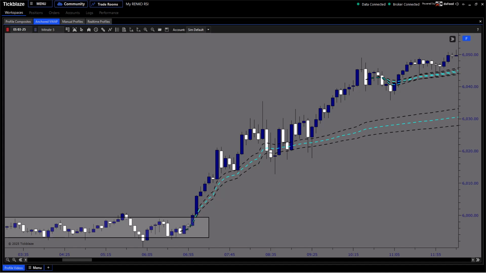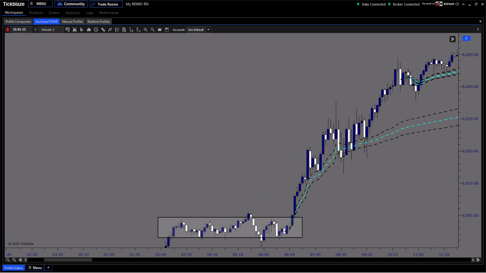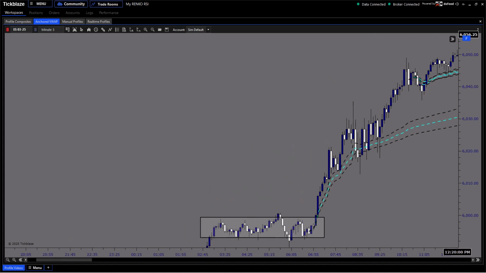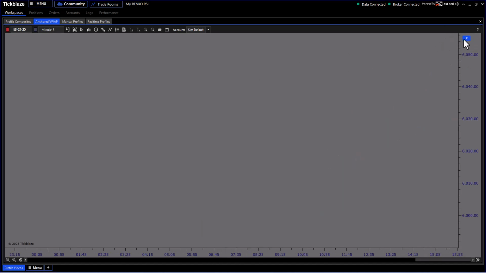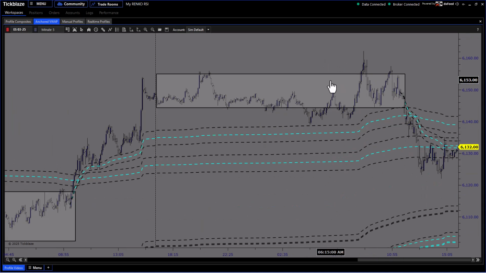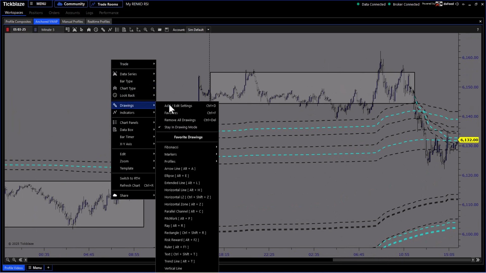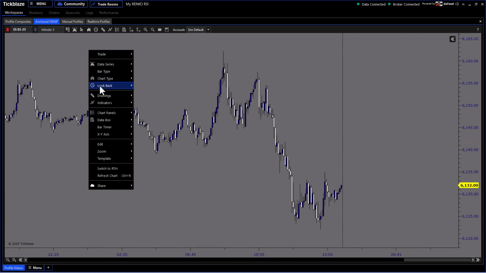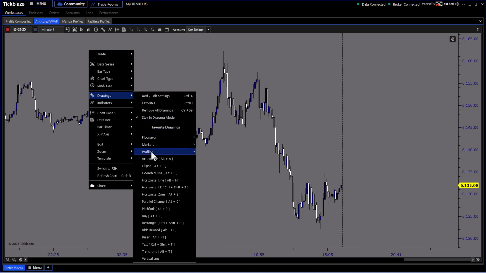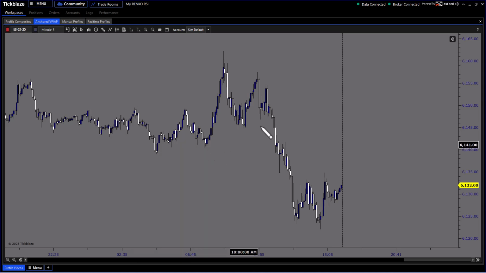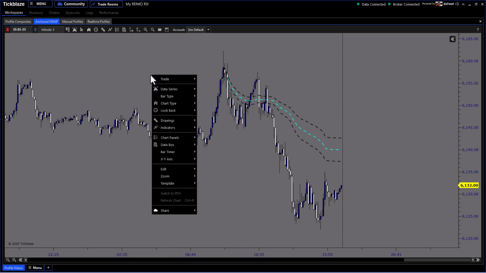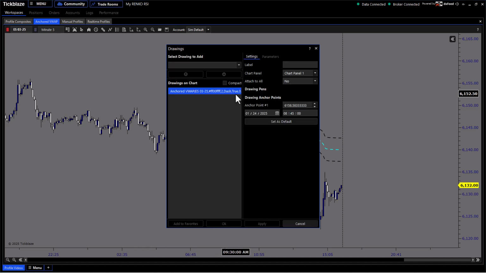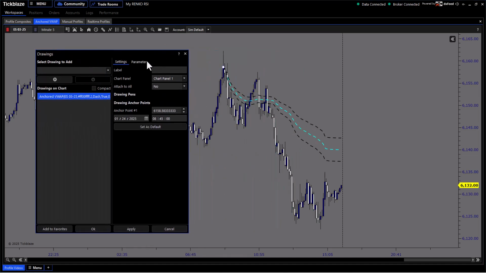My suggestion for those of you that are new and just getting started with TickBlaze and with the colors and the settings: I'm going to delete all the drawings. Remember, the anchored VWAP is a draw tool. You come in here, right click, go to drawings, go to profiles. You can see the anchored VWAP. Just put it anywhere on the chart, double click on it, and go in and save your settings.